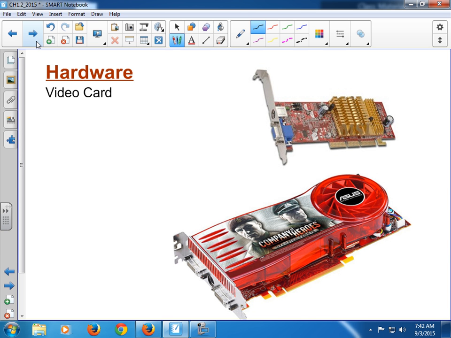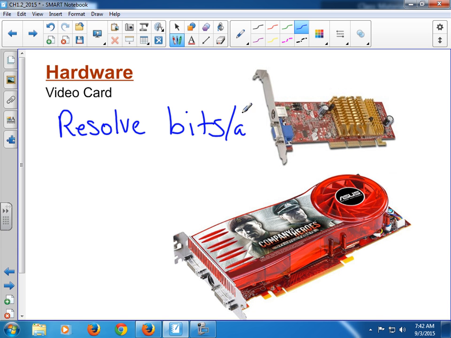Okay, video cards are what turn the bits and bytes and data that the CPU creates into some kind of usable image for us. And the video card is what our monitor plugs into.